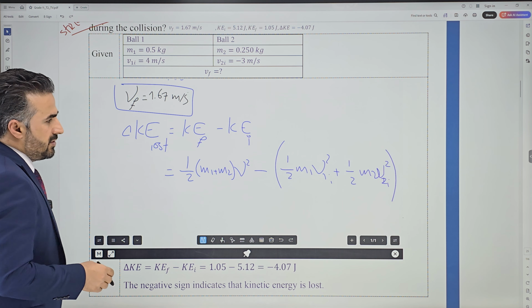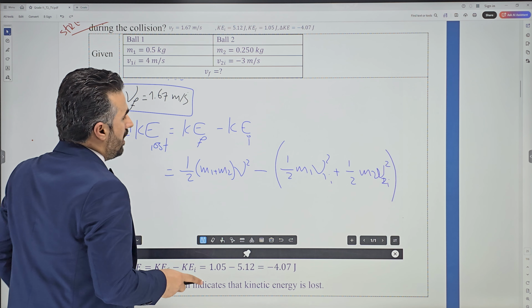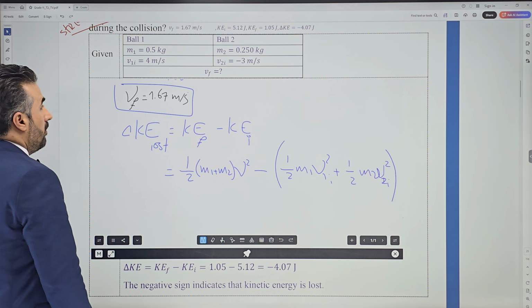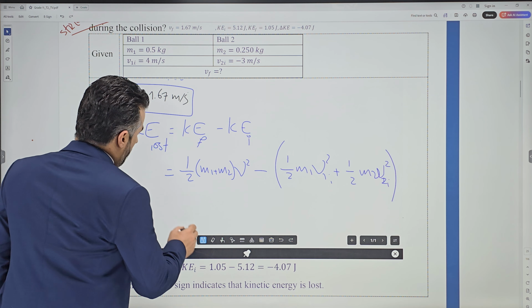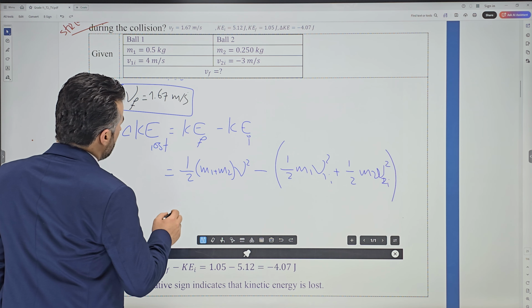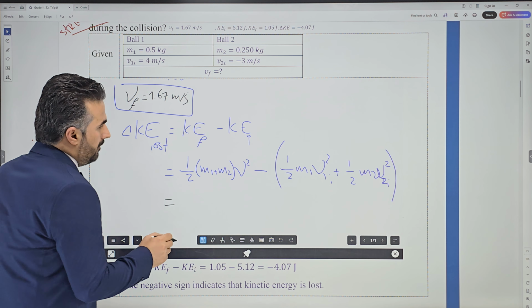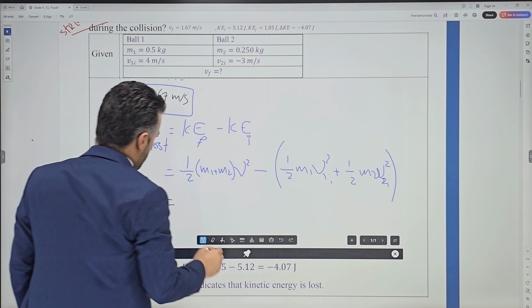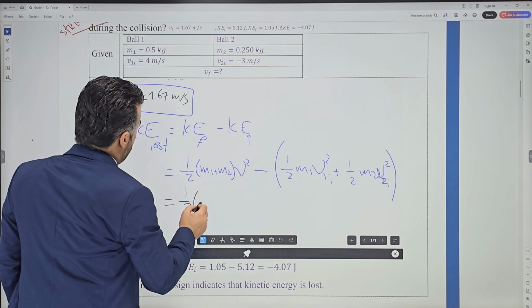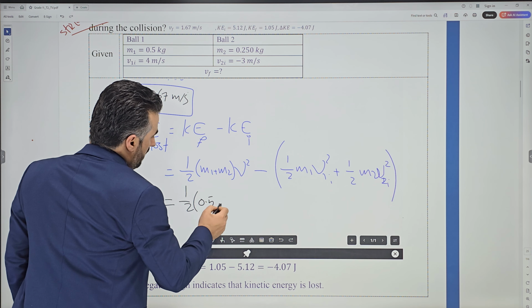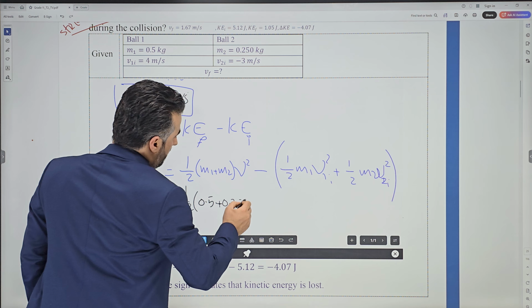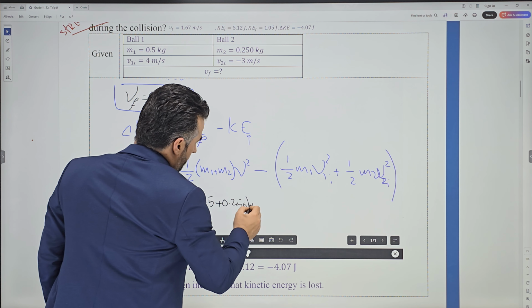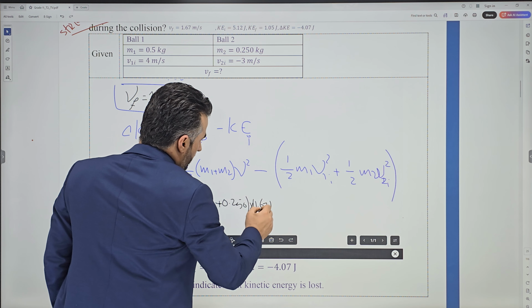Now all you have to do is plug in the numbers. You could find these separately, but we will do this all at once. This is kinetic energy final, and this is kinetic energy initial. So 1/2 times mass one, 0.5, plus mass two, 0.25, times v final, which we found was 1.67. Don't forget the squared.